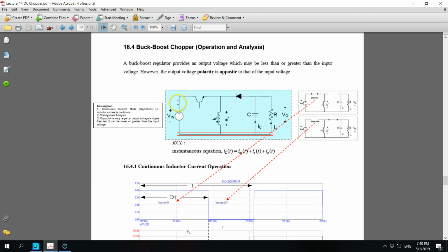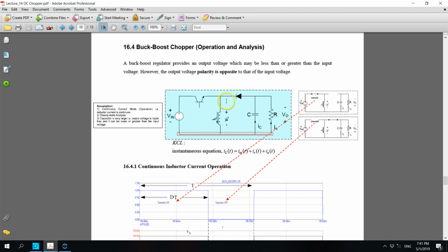Before we proceed to the circuit operation, a few points we need to look into. For this buck boost chopper, the output voltage is negative, in the opposite polarity to what we considered before. Instead of the plus and minus of the previous buck or boost converter, here it is the opposite polarity.